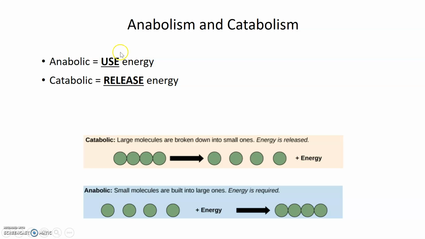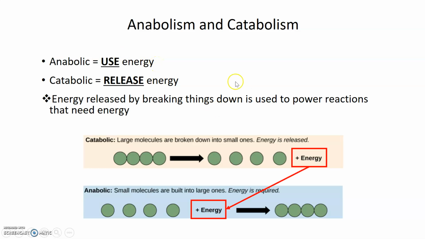And since anabolic reactions use energy and catabolic reactions release energy, they're usually coupled together. And the energy that gets released from a catabolic reaction, where one big molecule is broken down into smaller pieces, is then recycled or reused to power an anabolic reaction, where energy is required to take small molecules and build them into a larger one.